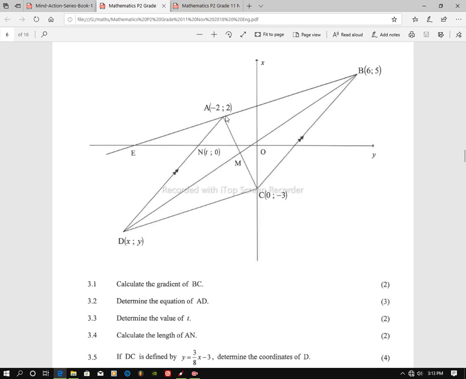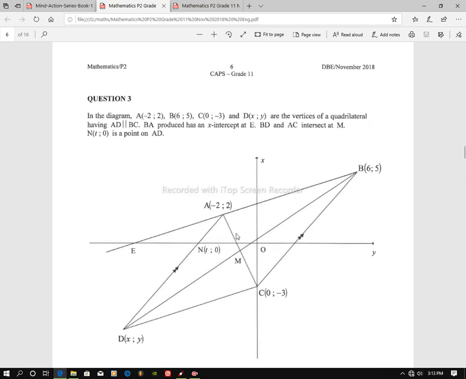Here we are given the parallelogram, but if you look at this from another angle, you can say maybe a kite. It's a parallelogram because of these two sides here, they are parallel. So let me just read the statement and hear what they are telling us here.